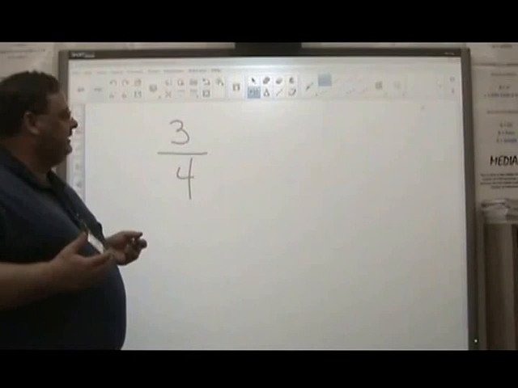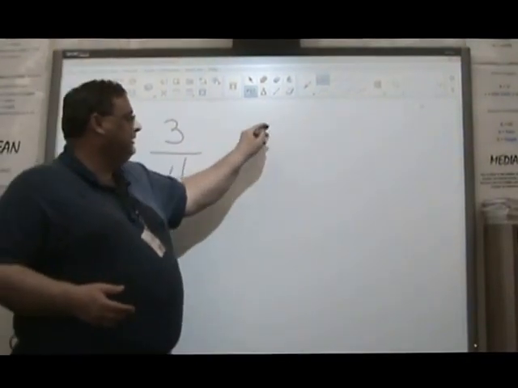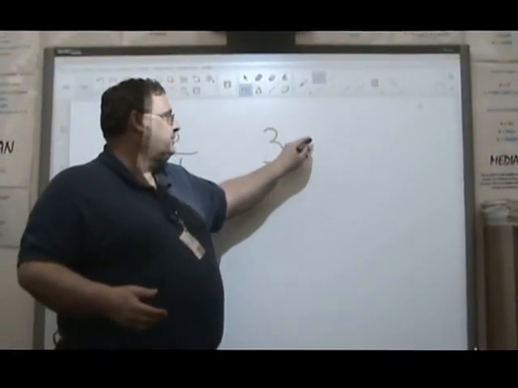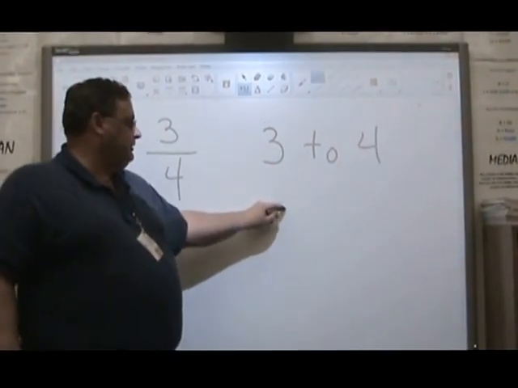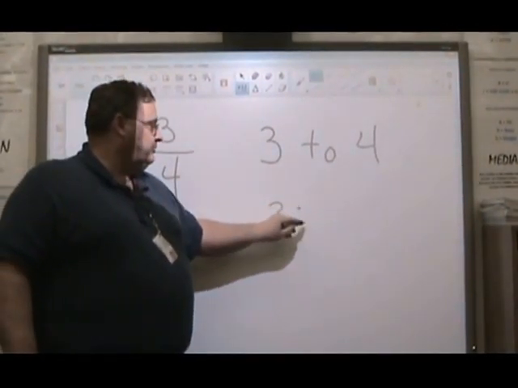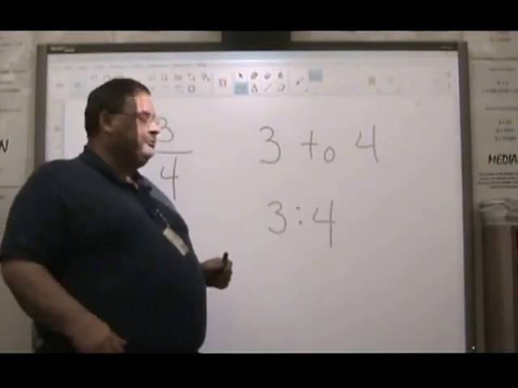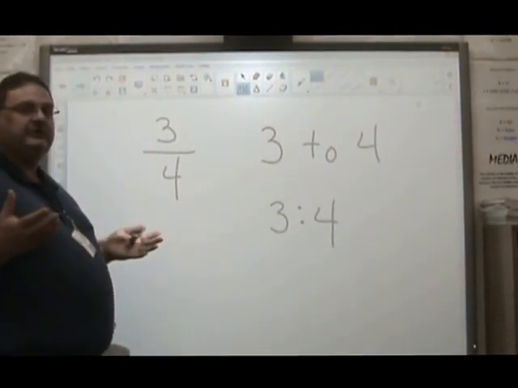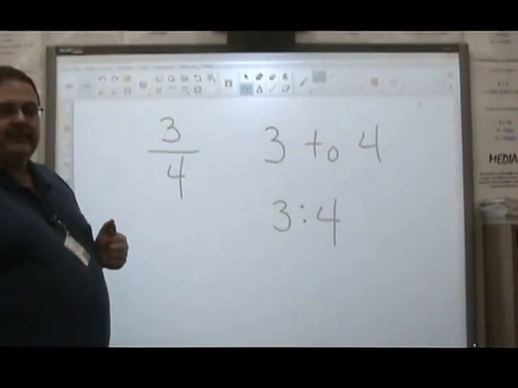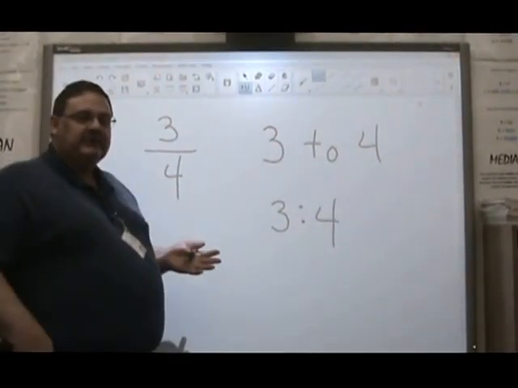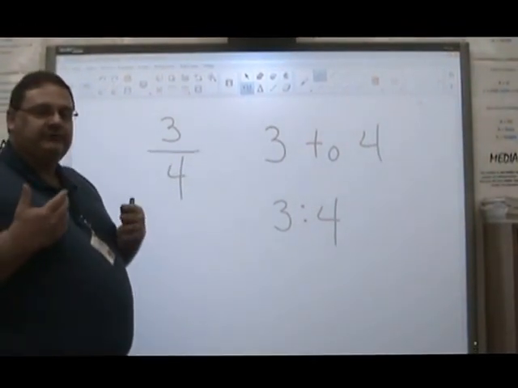Another way that you'll see ratios written, 3 to 4, or you'll see it written 3 to 4. Again, just using it to compare. Maybe another example, in my class, what's the number of students that have red hair?